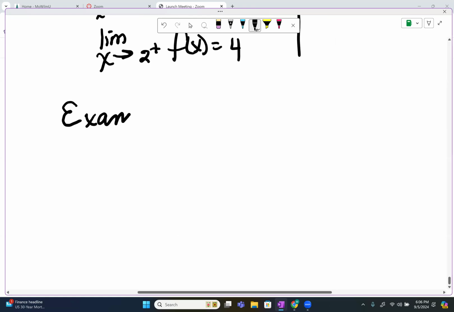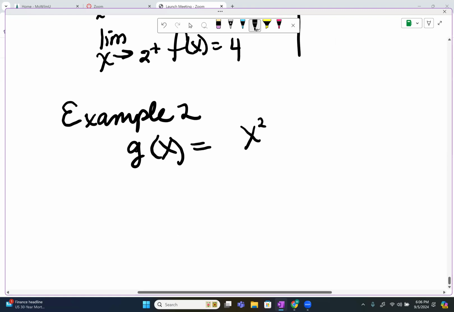In example 2, I have find the limit, and we have a g of x function. This function is g of x equals x cubed minus 2x squared over x minus 2.